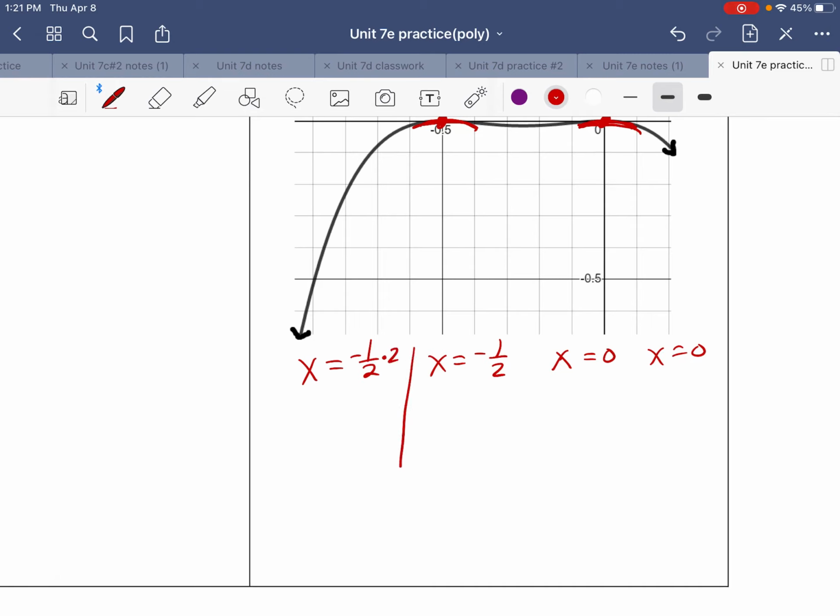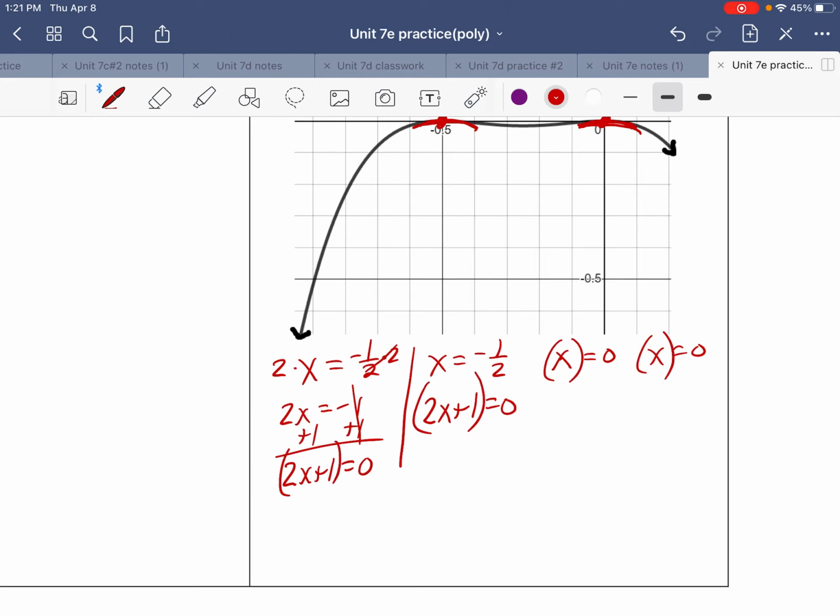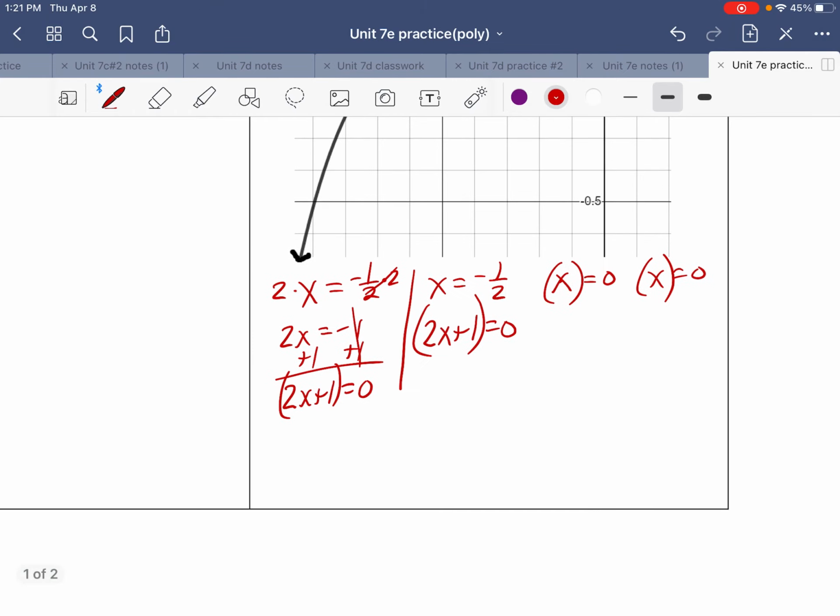Multiplying these out, times 2, so we have 2x equals negative 1, add 1. You're going to do the exact same thing for the next one. And the last ones, those are already your factors. So our factors are 2x plus 1, 2x plus 1, x and x.